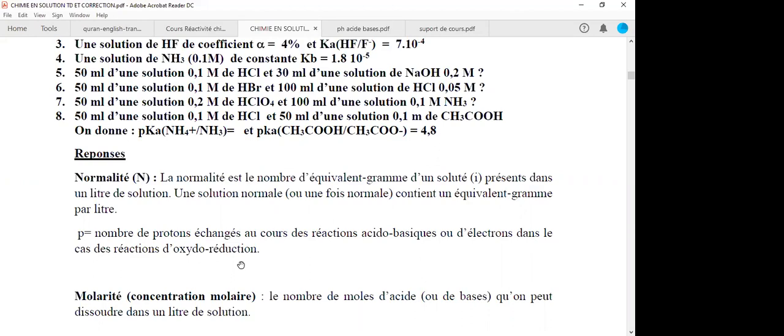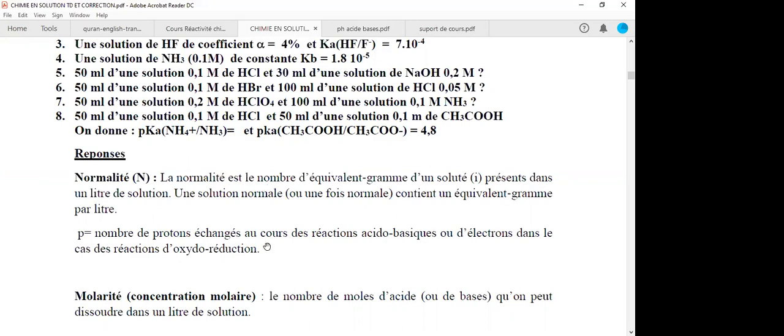Normally, if it is a base solution, it is the number of hydroxide ions found in 1 liter of the solution. If it is an acid, the number of protons H+ found in 1 liter of that solution. If it is an oxidation-reduction solution, it's the number of electrons exchanged.